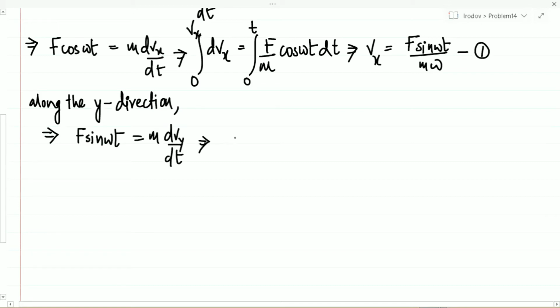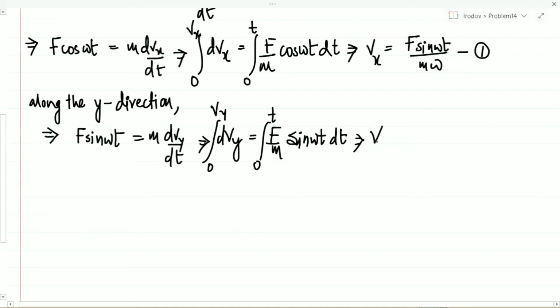This will give us dvy is equal to F by m sine omega t dt. Again, we will integrate both the sides from 0 to Vy on the left side and from 0 to t for the right side. This will give us Vy is equal to F by m omega into 1 minus cos omega t.